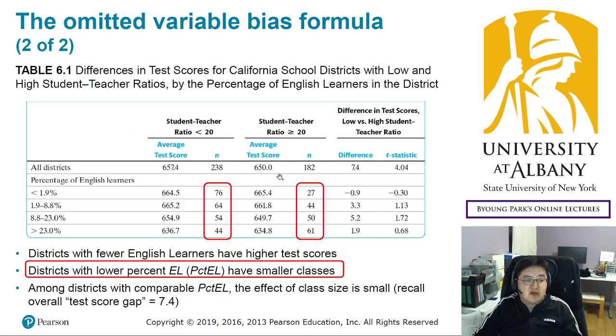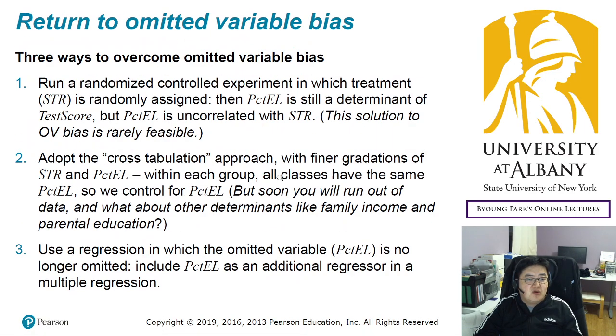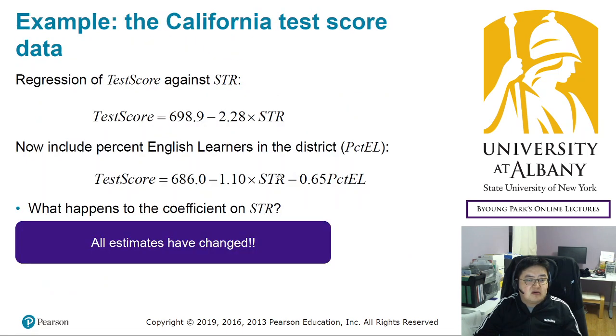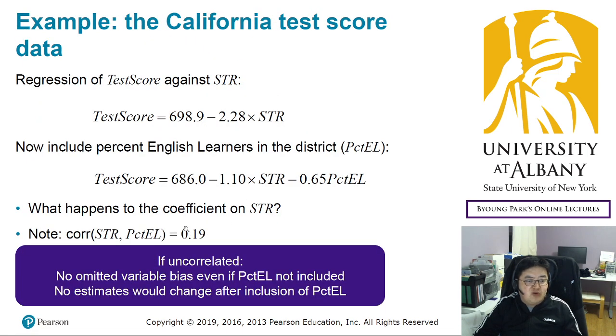And think about this. If you multiply this, this captures the direction of the effect between student-to-teacher ratio on percentage of English learners. It is positive, and then the second channel is negative.